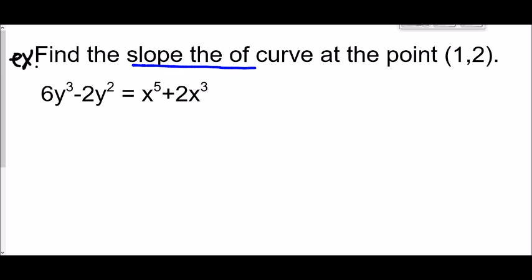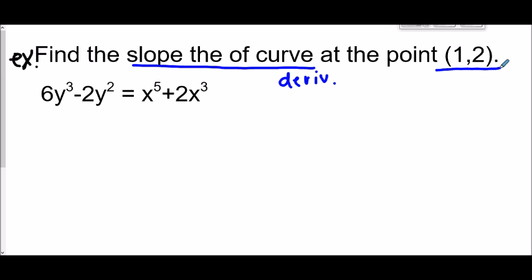So slope of the curve, remember that means we are taking a derivative. At the point means we need to plug that in eventually. And what we're going to do to take the derivative of this, since we have x and y's, they're not easily solved for. We can't get x alone or y alone very easily. This involves implicit differentiation.